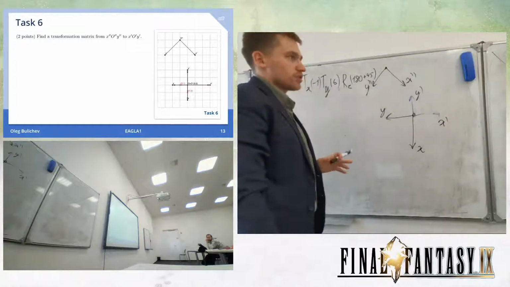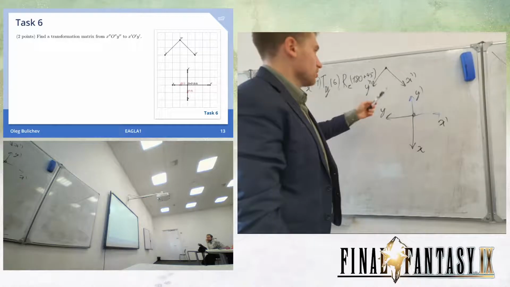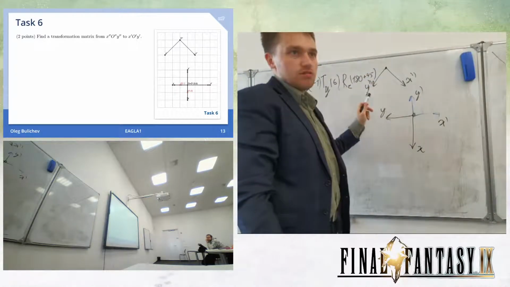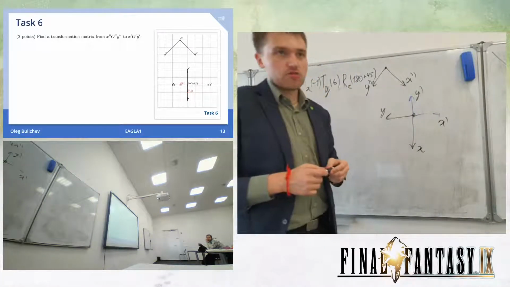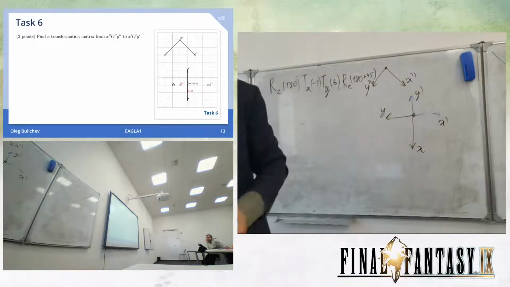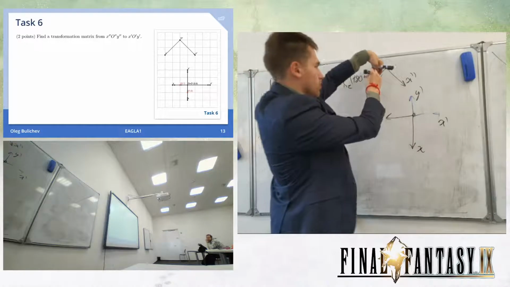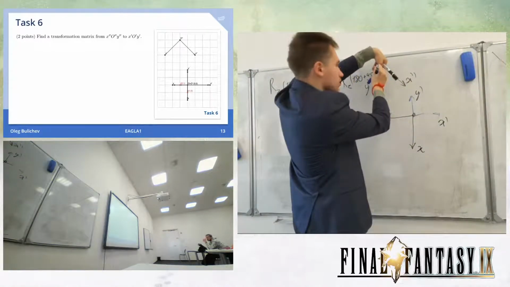But what's the next step? Actually, you may see that in this case we will have the same angle, but it will be y and it will be x. What can we do? We can rotate around the y-axis, for instance. So now it looks like this.